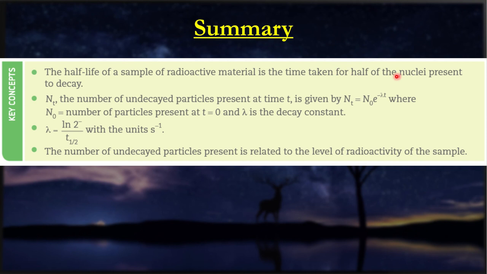So the time taken for half of the radioactive nuclei to disappear. We also talked about using mathematical models to predict how many will have decayed at a specific time period. And we know that lambda is given in s to the power of -1. That is our decay constant.